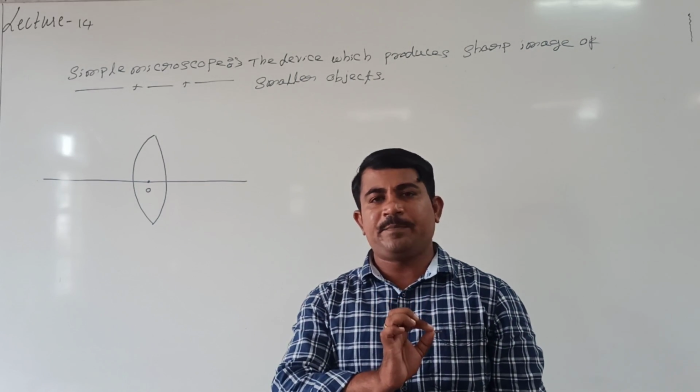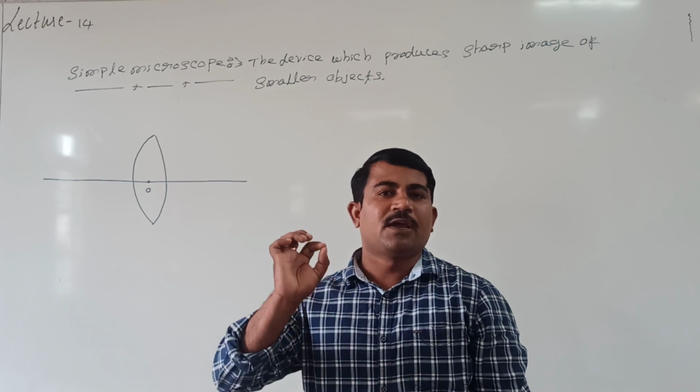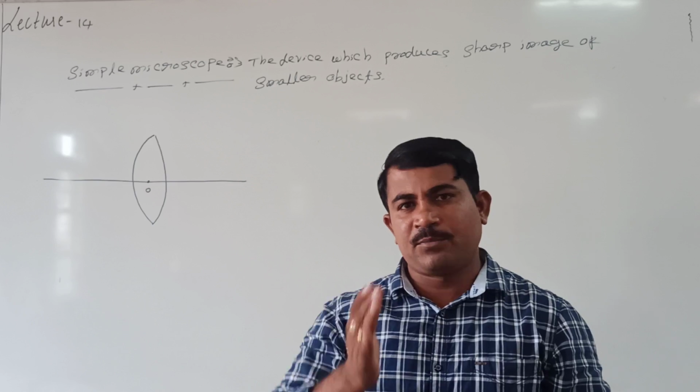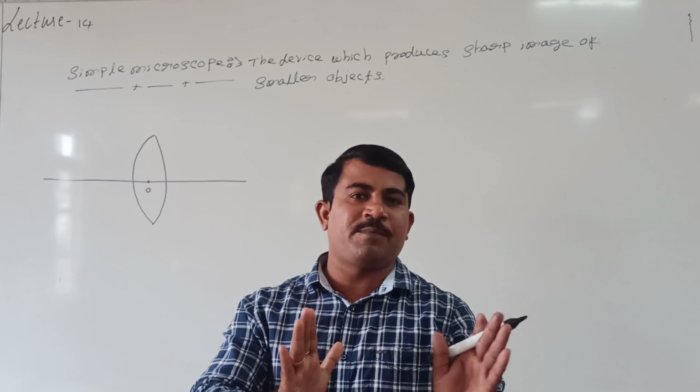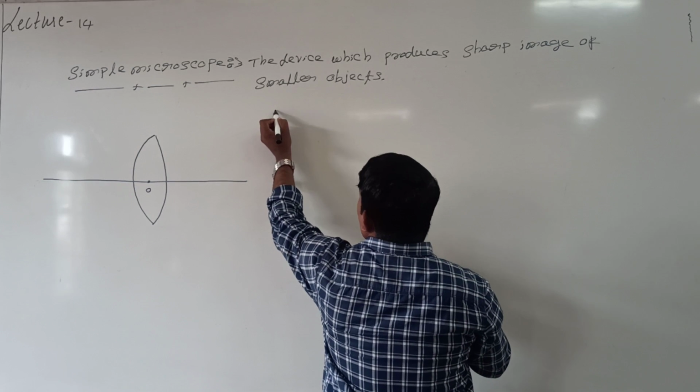Image appeared at a near point and image appeared at infinity. Both cases we will see. First, the final image appeared at a near point, that case we will see.